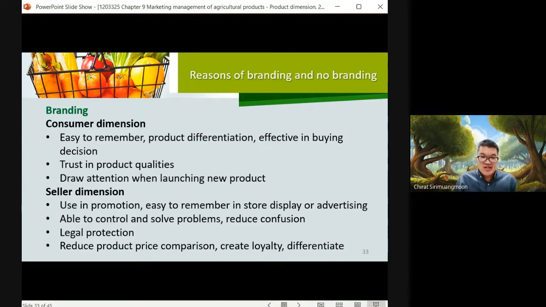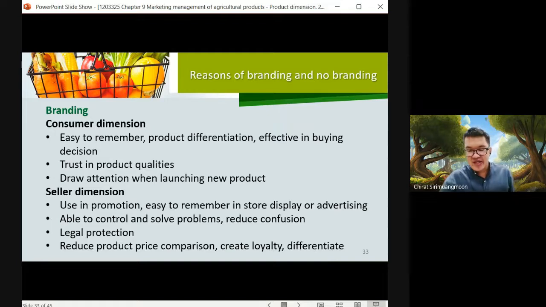Then for the seller dimension, the branding needs to be able to control and solve a problem and reduce the confusion. I would say sometimes in terms of the seller, if the brand name is very similar, it's very bad. So if you have a good branding, you can control and reduce the confusion from the consumer.